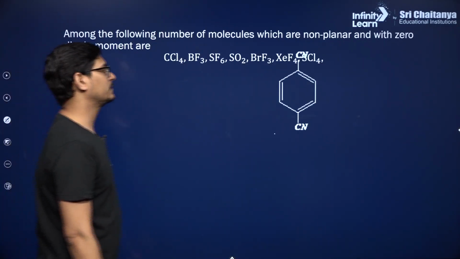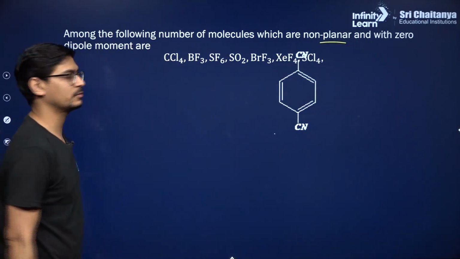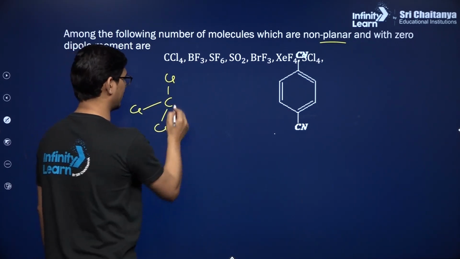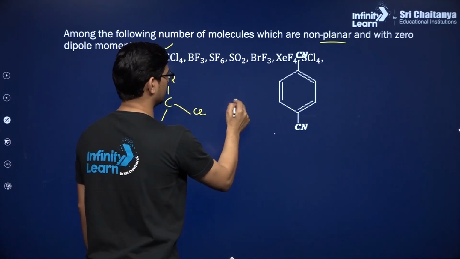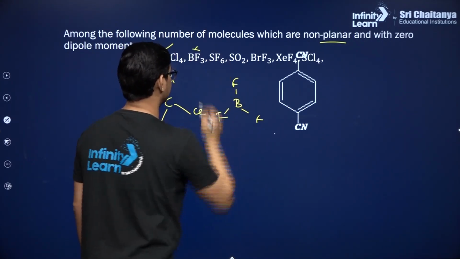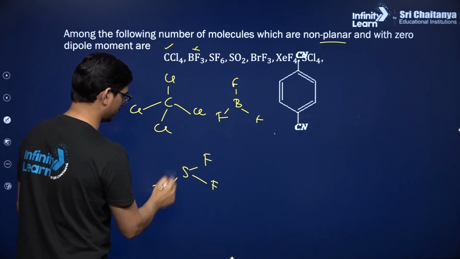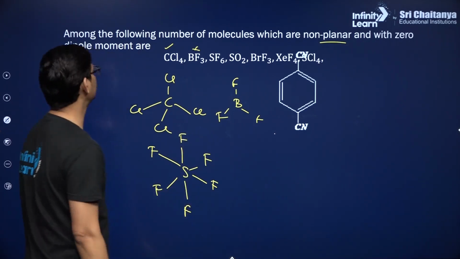The number of molecules which are not planar but have zero dipole moment. Of course CCl4 is tetrahedral, not planar, and has zero dipole moment. It qualifies the criteria. BF3 is trigonal planar, so it is not. SF6 is a regular octahedron. It is not planar, but it has zero dipole moment.